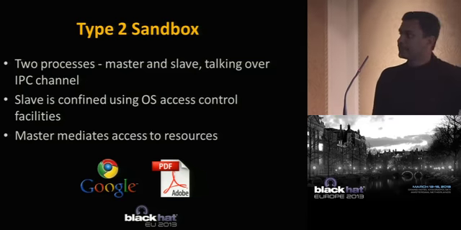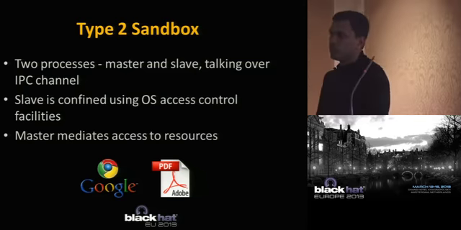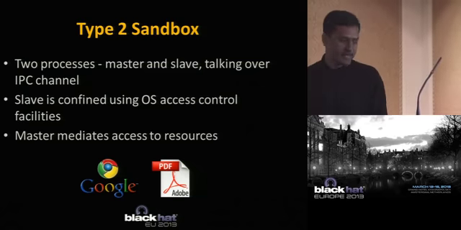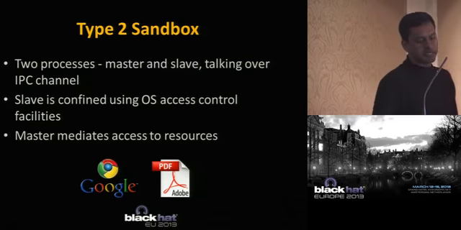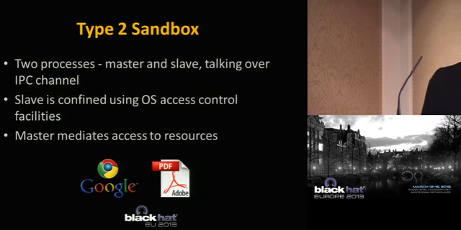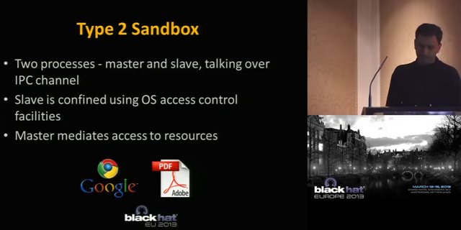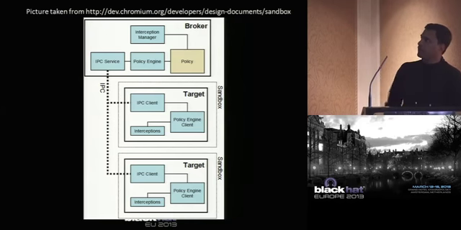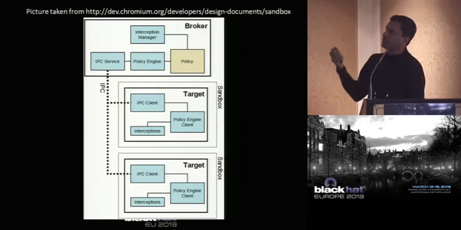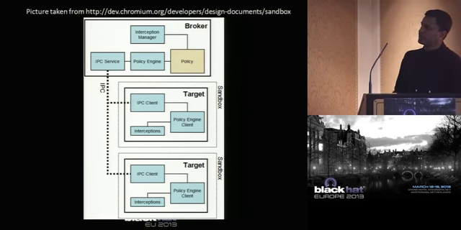The slave is confined using operating system access control facilities, and the master mediates access to the resources. The best examples of this type are the Google Chrome browser and Adobe Reader, the sandboxed version. Looking at the high-level architecture from the Chromium resources, this is how the IPC interaction happens between the master and the slave.